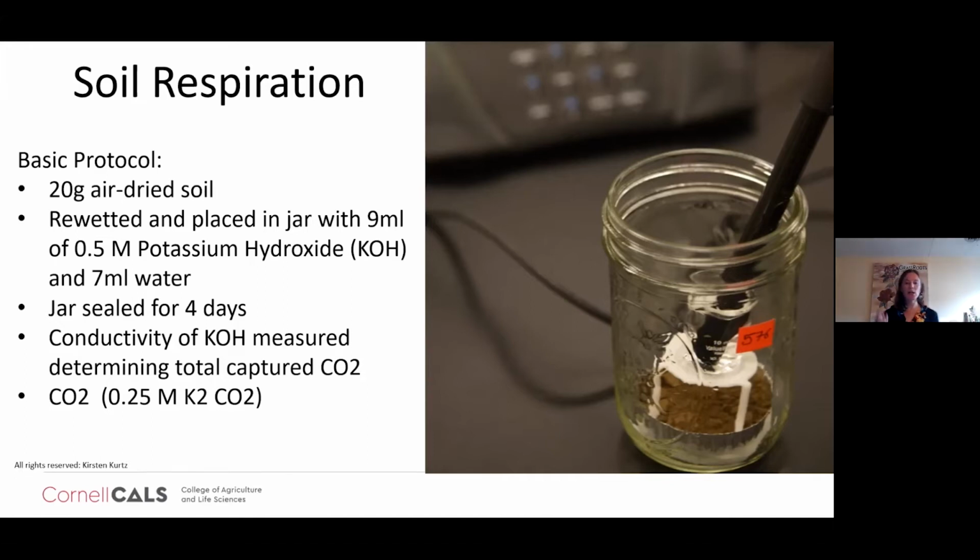We then place a little beaker of KOH into this trap assembly within this jar. We seal it, and then at the end of those 4 days, we measure the conductivity of that KOH, from which we're able to determine the total captured CO2.